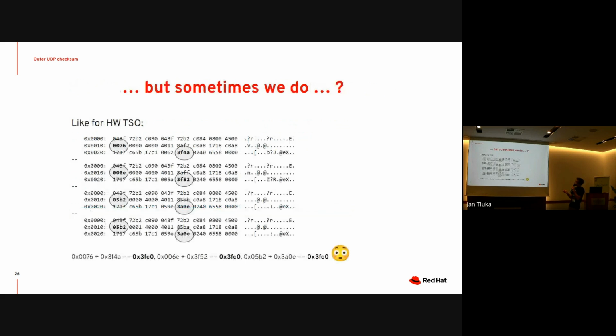But then when you do TSO, well, you will need the hardware to do something about the outer UDP, since it will be responsible for segmenting the packet and so updating the packet. So I was looking at this issue. I spent some time looking at the kernel code because they were doing something that I could not understand.